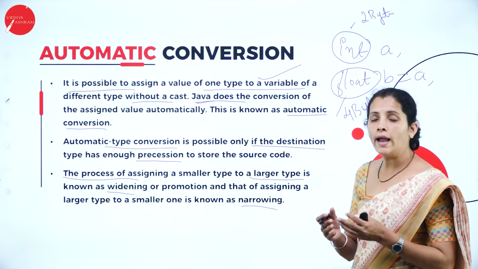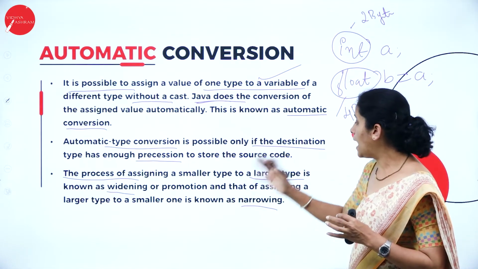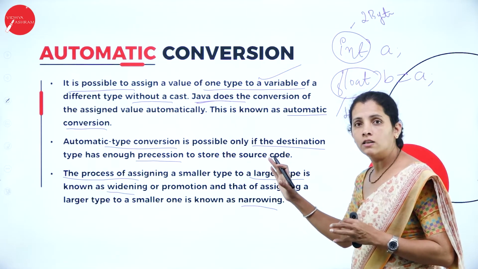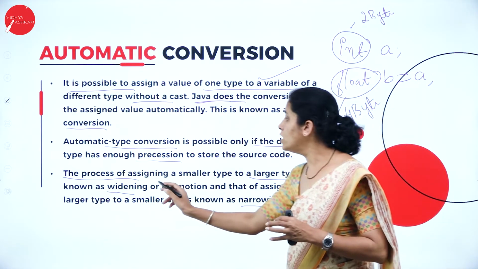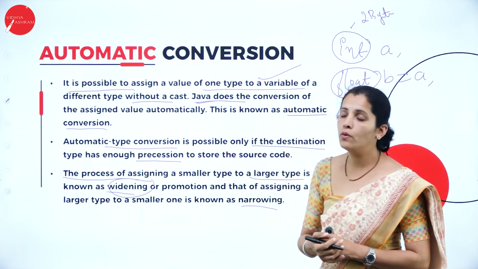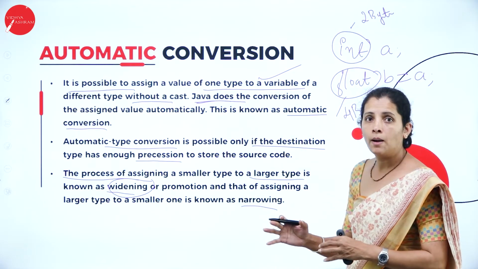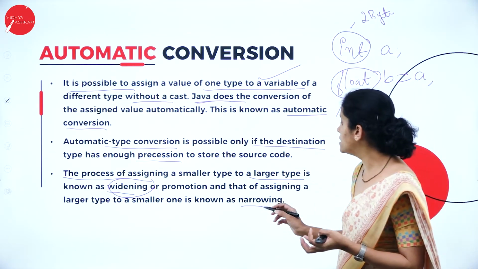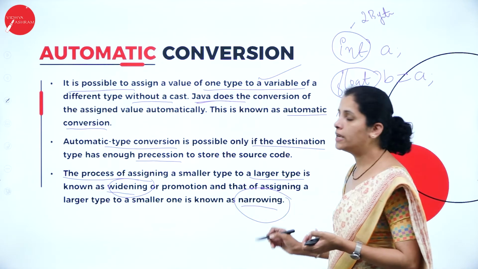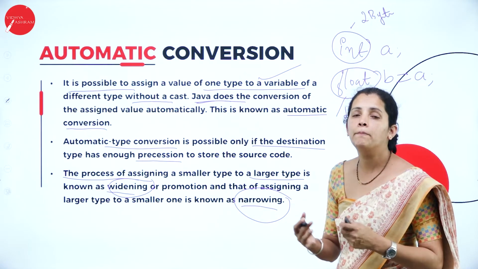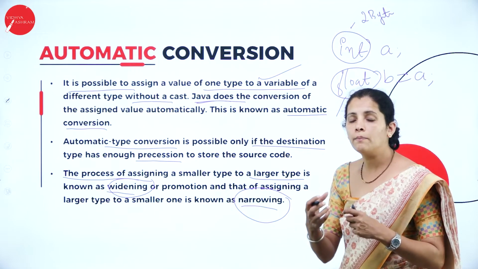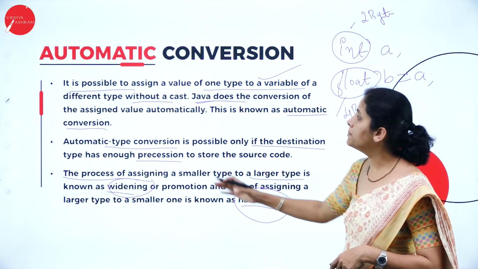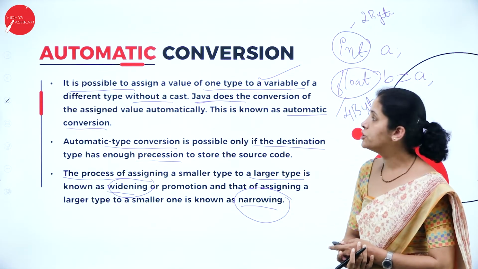That means when I convert a smaller type to a larger type, it is called widening. And when I convert a larger data type to a smaller data type, it is known as narrowing, or compression. I'm going to compress the size of the data type. So this is nothing but automatic conversion.